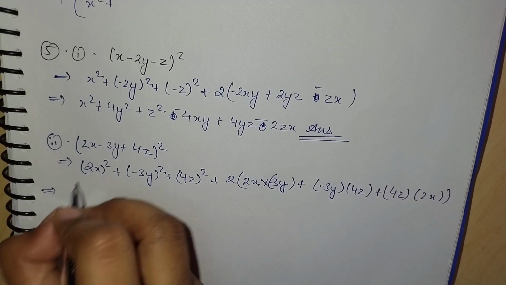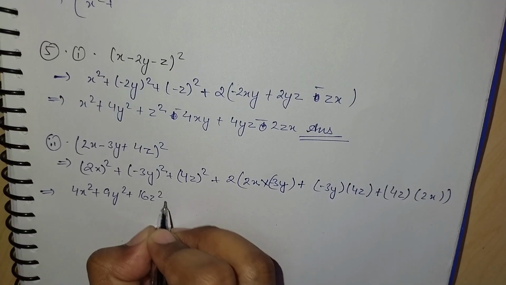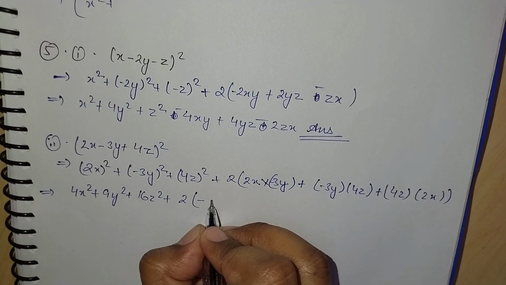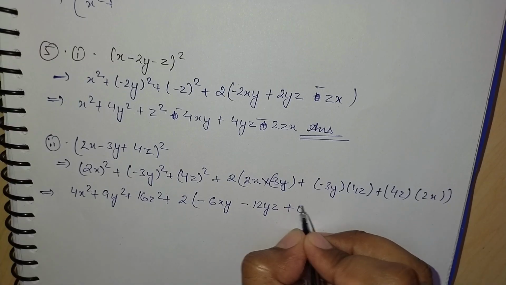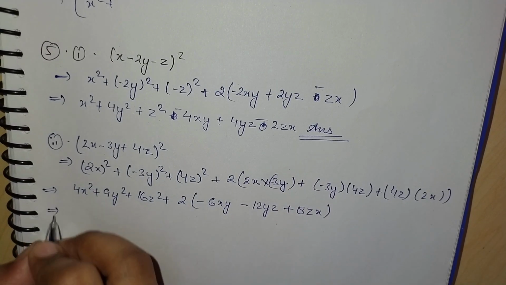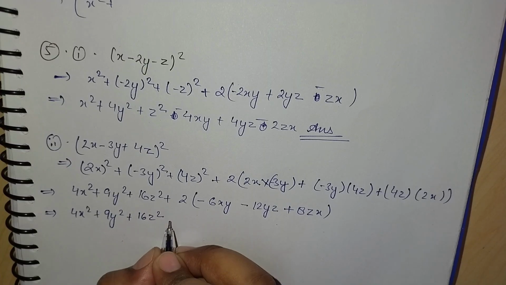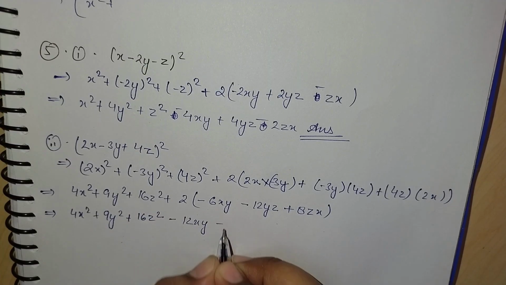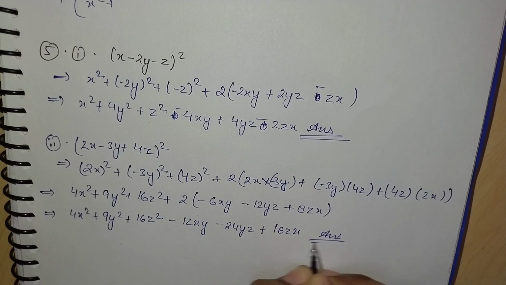On solving this here, 4x² + 9y² + 16z² + 2(−6xy − 12yz + 8zx). On solving this, we will get 4x² + 9y² + 16z² − 12xy − 24yz + 16zx is the answer here in this question.